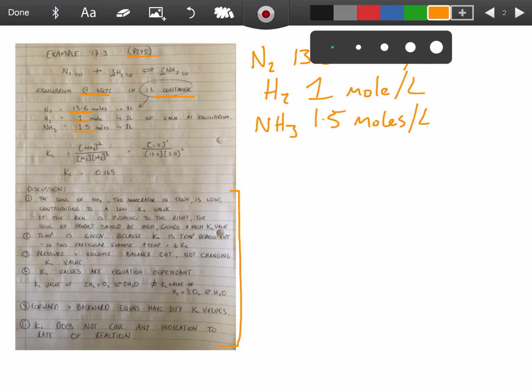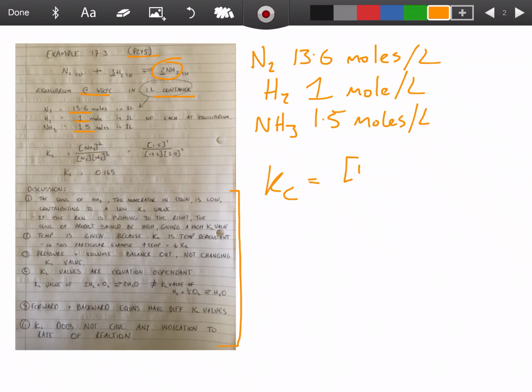I've got my product on top, because that's on the right hand side, so that's the thing that's gone on top. And you can see that I'll do it again here. You can see I've got concentration of NH3 to the power of 2, because there's 2 of them in the chemical formula at the very top of the page, all over the concentration of nitrogen multiplied by the concentration of hydrogen, and the hydrogen is to the power of 3 because there were 3 of them in the equation at the very start.